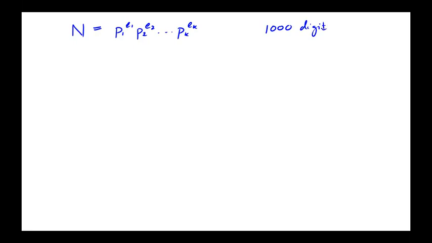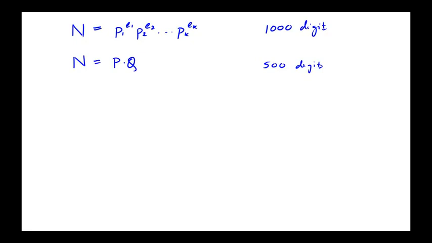Of course, the most naive algorithm would just try all prime factors until you find one. But then if n were, the hard cases where n was a product of two primes, p times q, and say that each of p and q is a 500-digit prime number. So now in this case, trial division was going to take way too long.